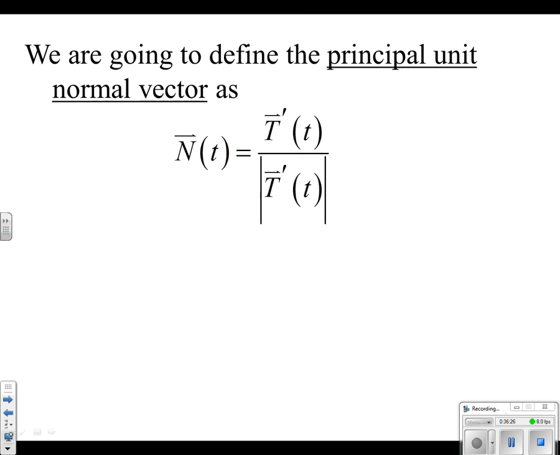And that leads us to something called the principal unit normal vector. We call that big N. The principal unit normal vector is equal to the derivative of T. And because it's a unit vector, we will also divide by the magnitude of T prime.